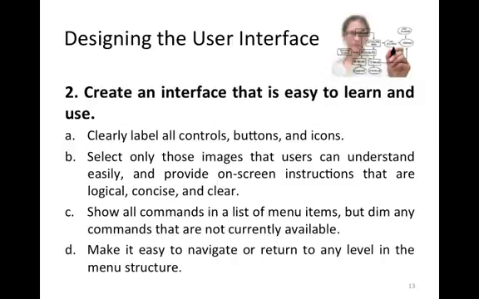It makes for a beautiful website. But we need images that users can understand. If we have an icon that doesn't make sense to people, you might as well just have words as opposed to an image. We need on-screen instructions sometimes that are clear and concise and usable.